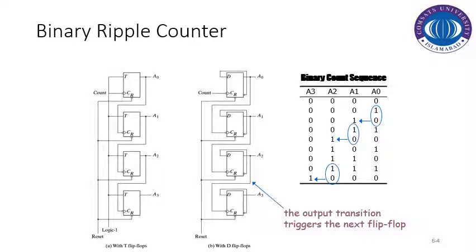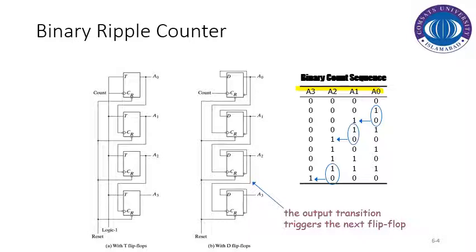We can see the count sequence from here, where the outputs are represented by A0, A1, A2 and A3, where A0 is the least significant bit of the count sequence and A3 is the most significant bit.